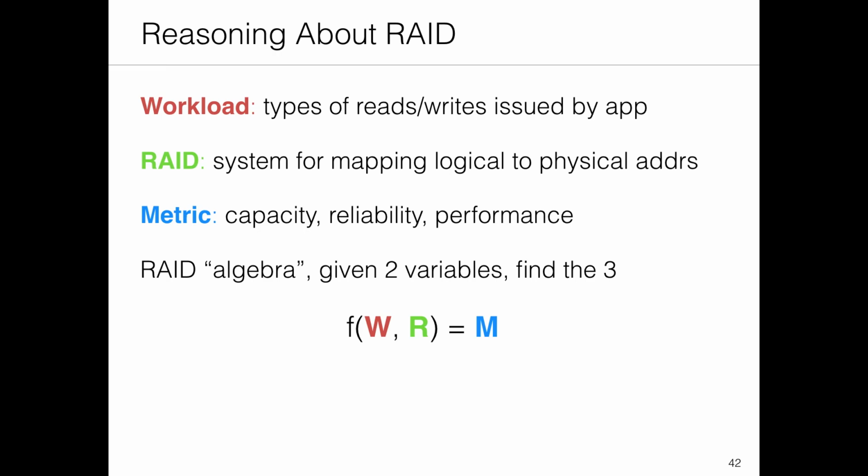So what do you think is going to be variable across RAID? When I mean that R is also variable, what can be the variation in R? Yeah, so different mapping means different amounts of redundancy.